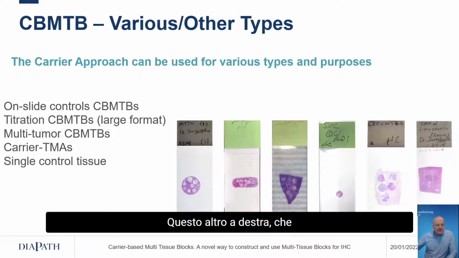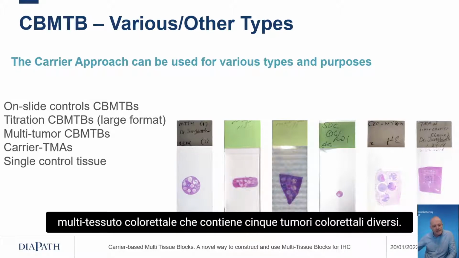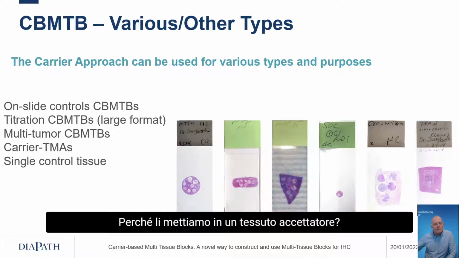This is another one, to the right side here, which we use for huge-sized tumor samples. This is a colorectal multi-tissue block of 5 tumors. Why do we place them in a carrier? Because they're much easier to cut. Each section is pretty big.